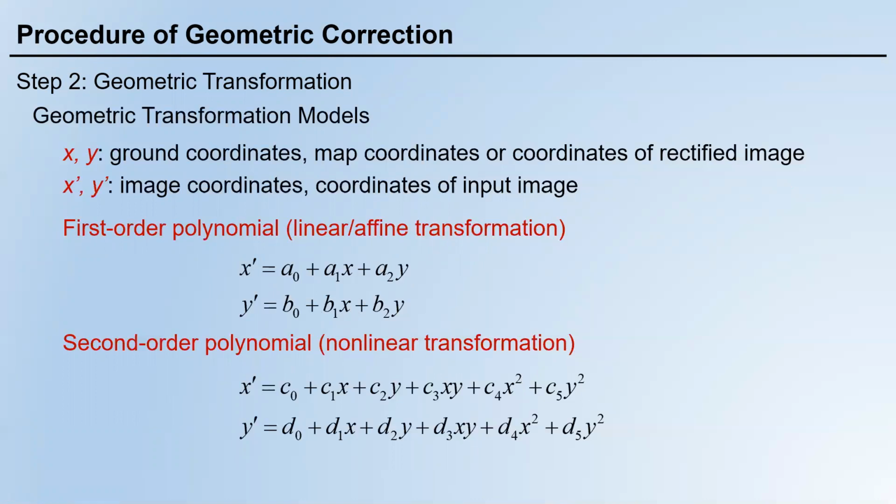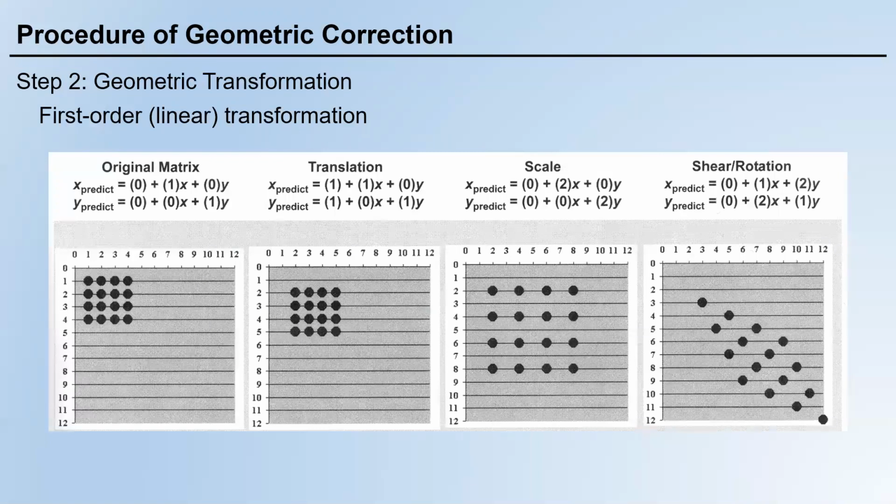So you would say, which one should I use? First order, second order, third order, or even higher order? Let's talk about first order first. Linear transformation is pretty simple, right? x prime is equal to a specific offset plus a coefficient multiplied by x plus another coefficient multiplied by y. If the offset is 0, x prime is actually equal to x, and y prime is actually equal to y.